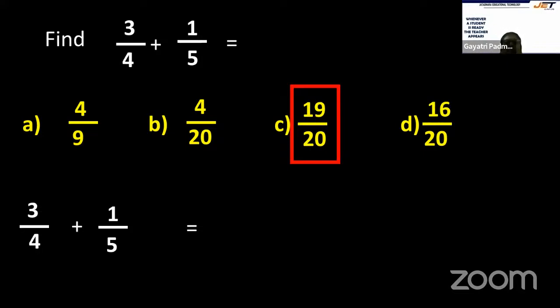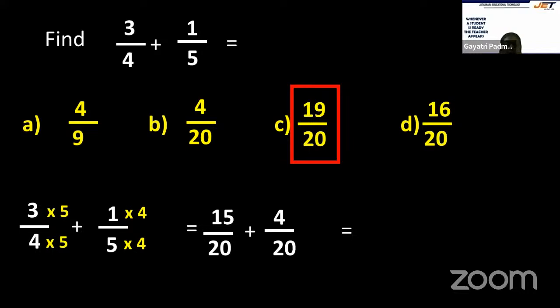So 3 by 4 plus 1 by 5. You're multiplying and dividing by 5 and multiplying and dividing by 4. So we get 15 by 20 plus 4 by 20, which is 15 plus 4 by 20, which is 19 by 20. That is why your option 19 by 20 is correct.